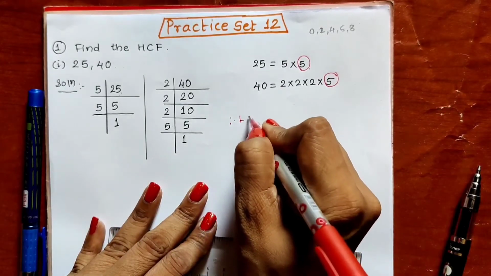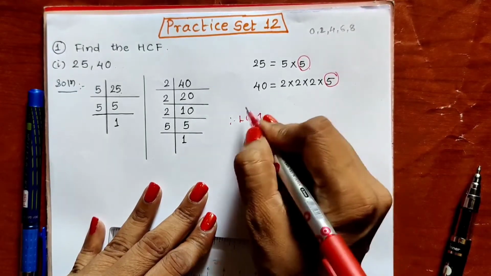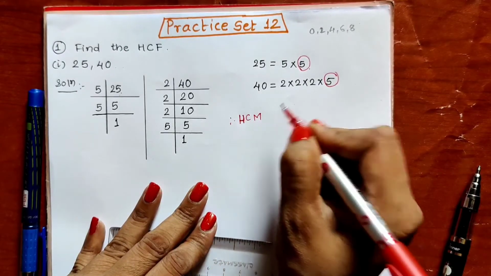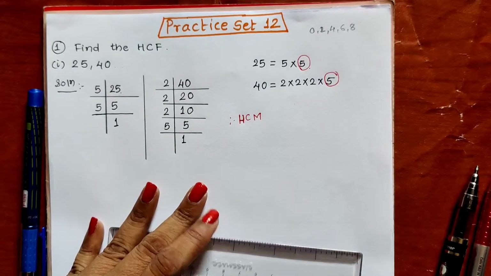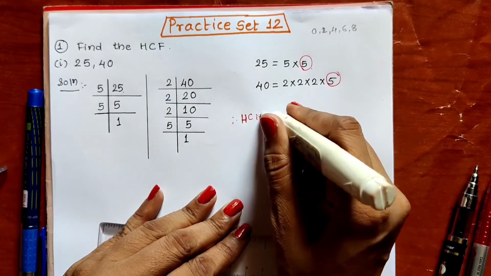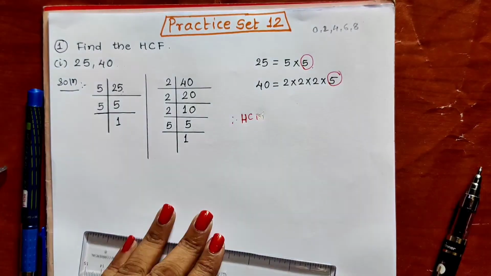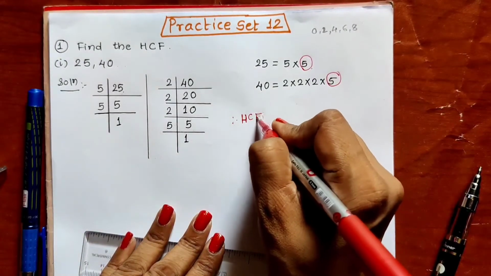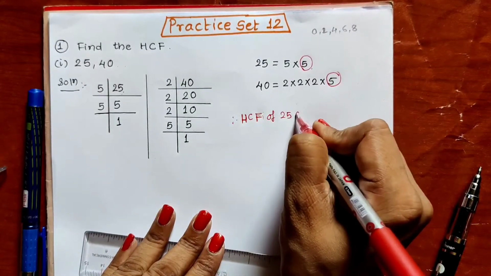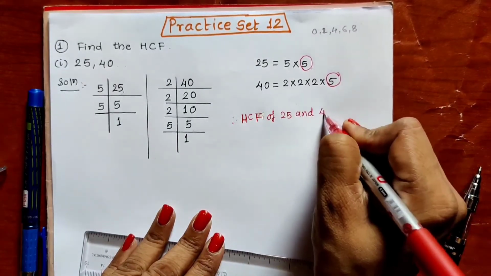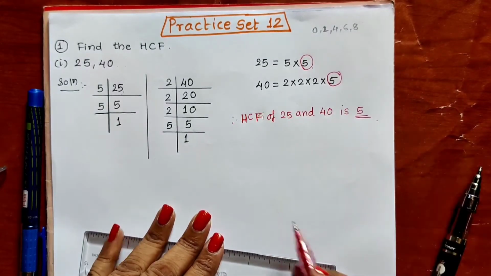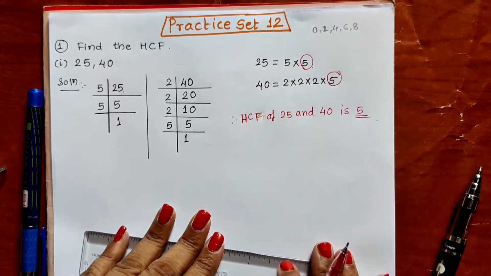Therefore LCM, not LCM, it is HCF. We are finding out HCF, not LCM. Let me make the correction. Therefore HCF of 25 and 40 is 5. Or you can also write HCF is equal to 5.